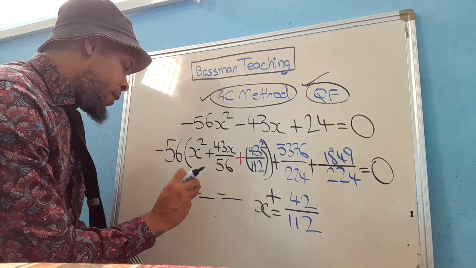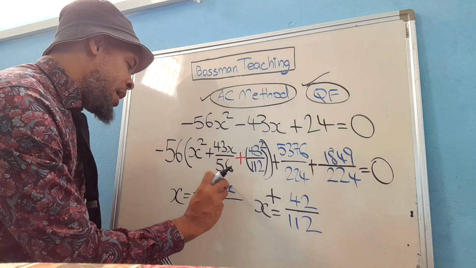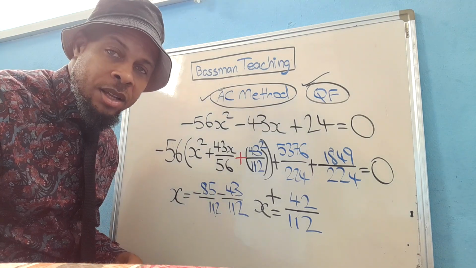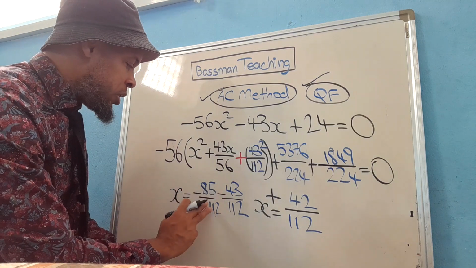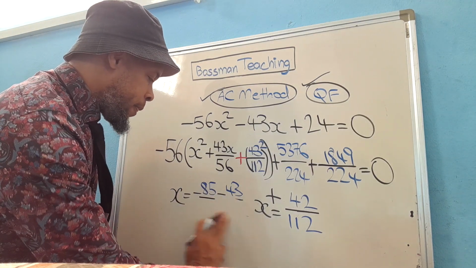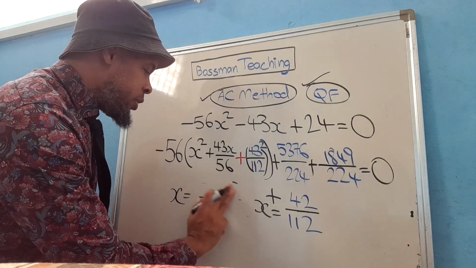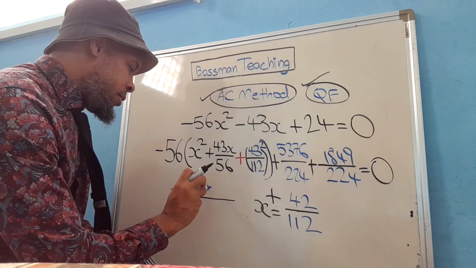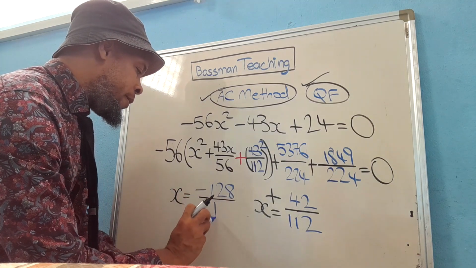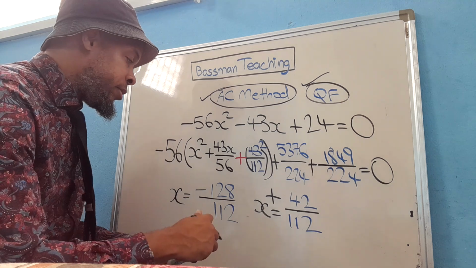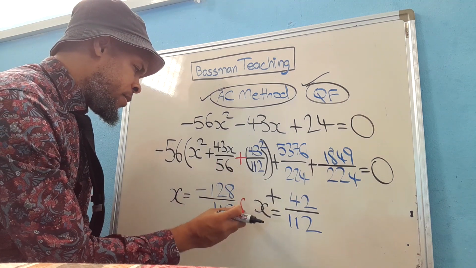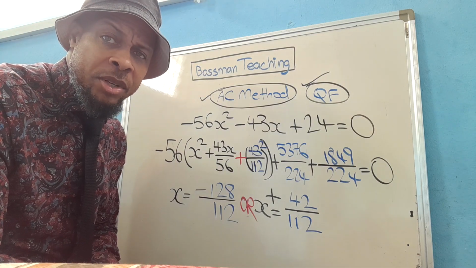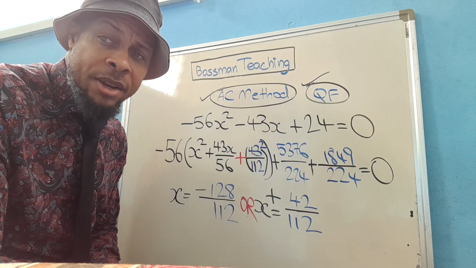So, minus 85, minus 43. So now we end up with minus 128. So we'll have minus 128 over that. Minus 128 over, there we go. Yeah, so we're pretty much back to square one.